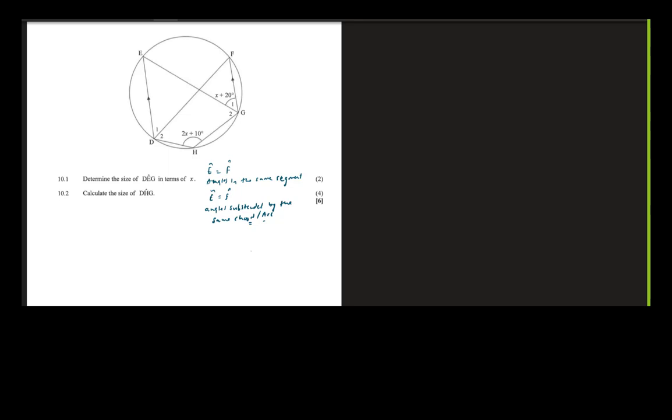The hint is D1. D1 is subtended by the same chord as H, D1 and D2. Good, angle F. Is there another angle subtended by the same chord as F?